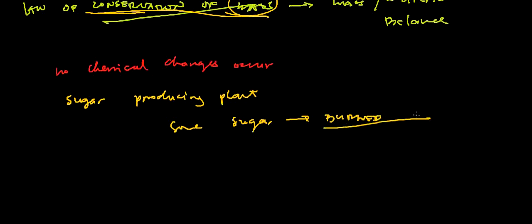We cannot account for this because this is an example of a chemical change that happened on the sugar. So some sugar is being burned, and that is a chemical change.